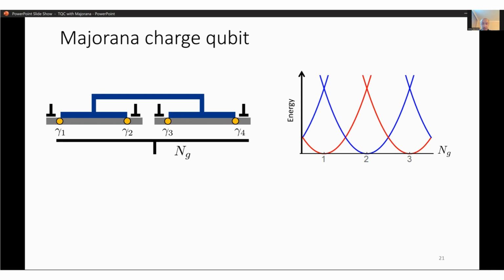So if one can come up with a way of making a system that is an intrinsic topological superconductor, then I think that would be the best way, perhaps, to get really robust and clean Majoranas.